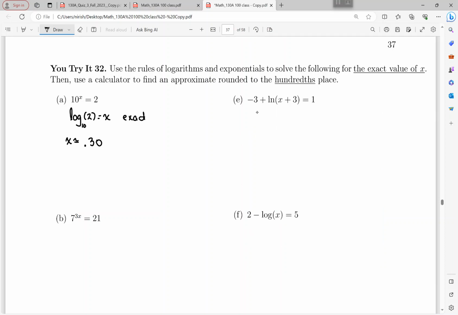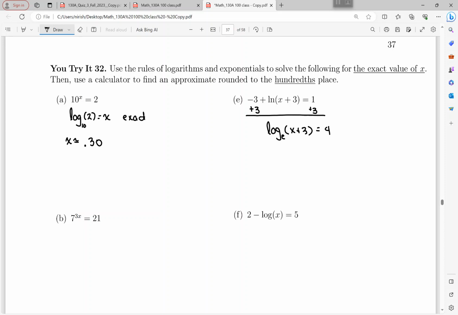For letter E, I need the logarithm. ln is a logarithm, it's just log base e by itself. So I add 3 to both sides. Then I have natural log, which I'm going to rewrite as log base e of x plus 3 equals 4.